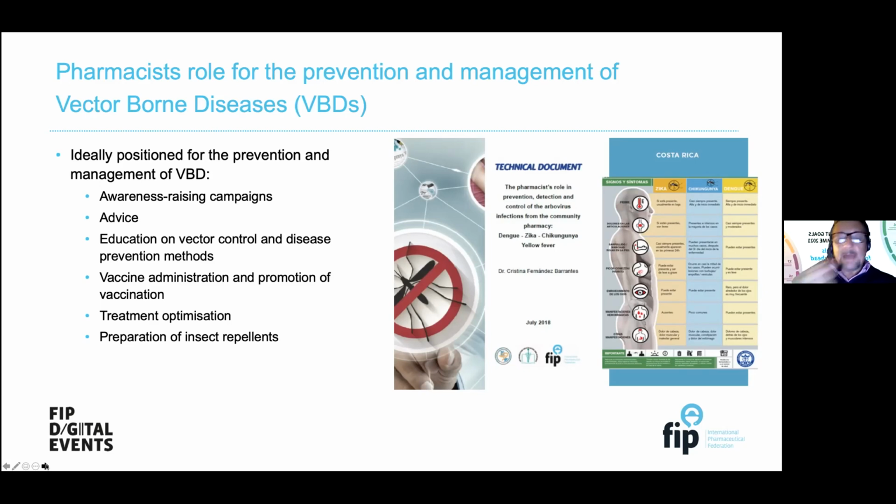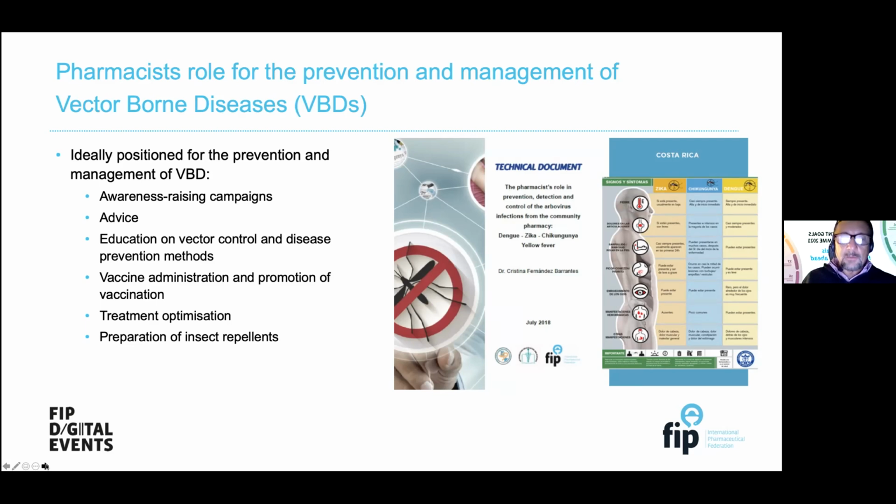So we are ideally positioned for prevention and for management, and this includes awareness raising campaigns that have to be regularly developed each year. We have to participate in advice, we have to educate on vector control and disease prevention methods, which are very effective and are one of the main barriers to this disease.